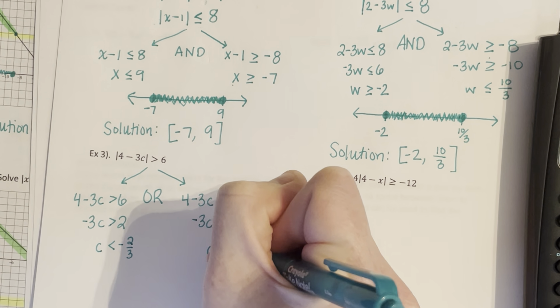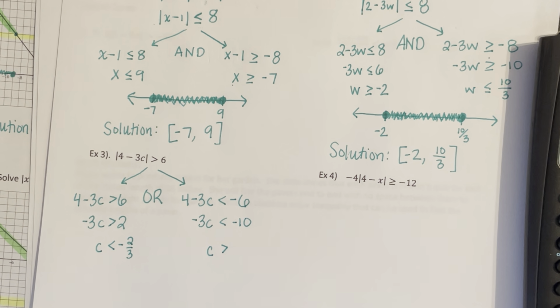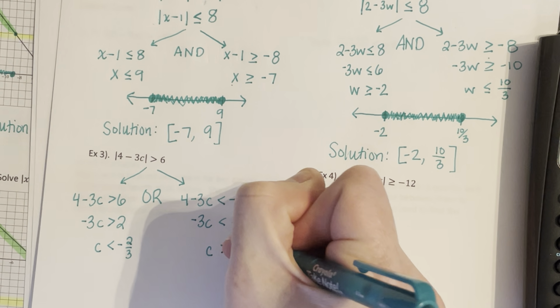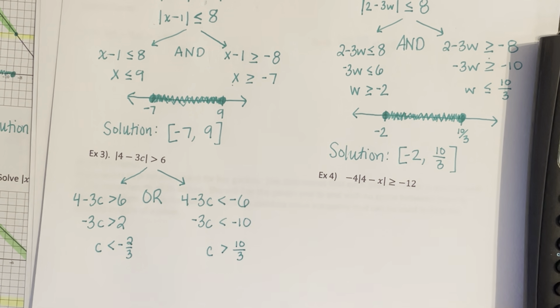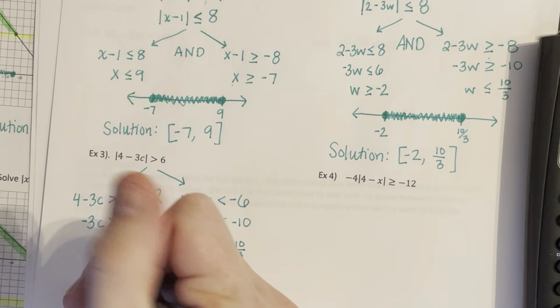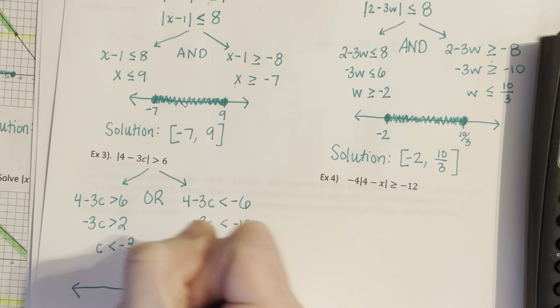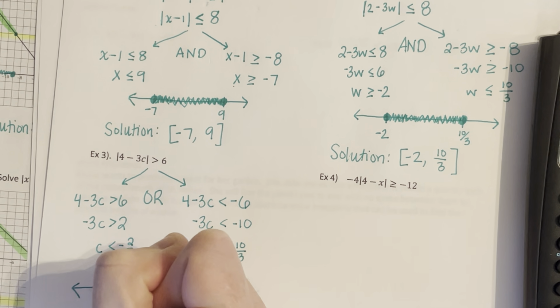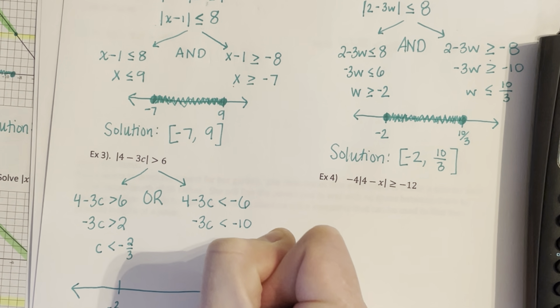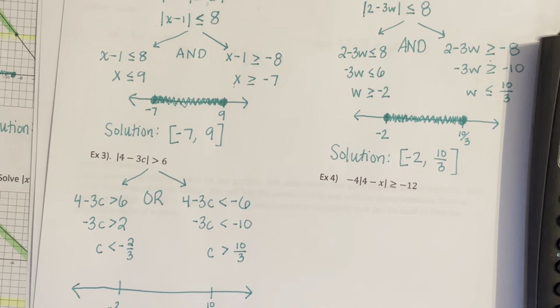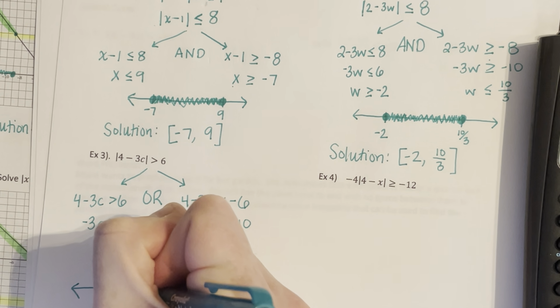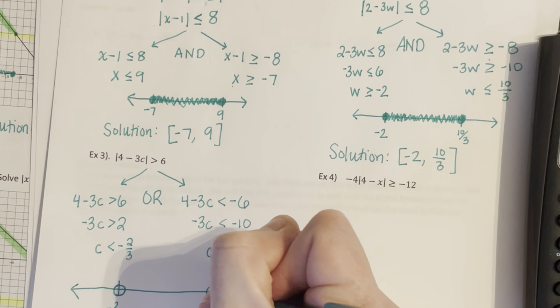Divide, we have to flip our inequality when we divide by negative, which makes that a positive 10/3. And we put those two things on a number line. So negative 2/3 and a positive 10/3. We're not filling in the circles, they're open this time since we did not have the equal to part.